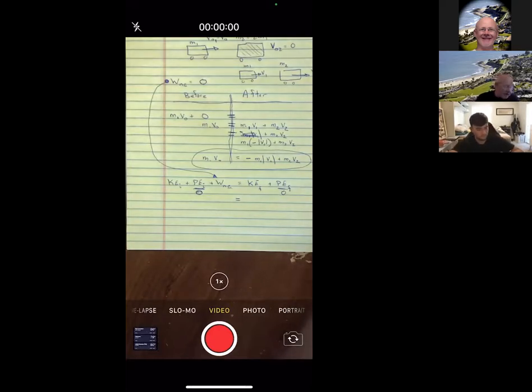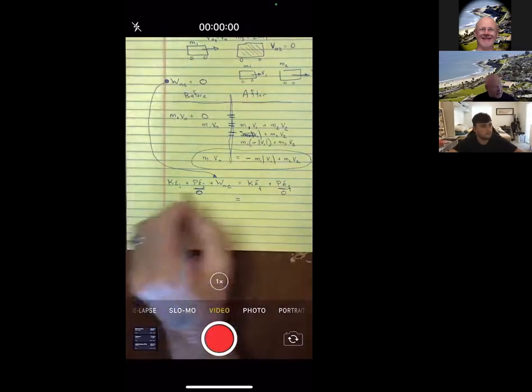We don't have to worry about the stuff in between. And so even though there is a spring, and thanks for pointing that out, because I think I said there was no spring, and that's not quite true. A better way of saying it is there is a spring, but the spring starts off not being compressed, and it finishes not being compressed. So its energy is zero in both those cases.